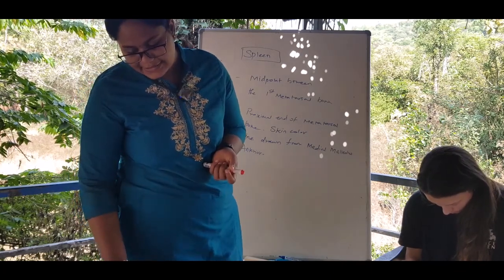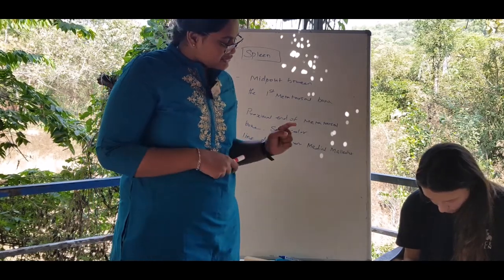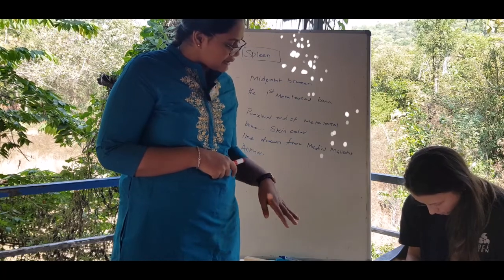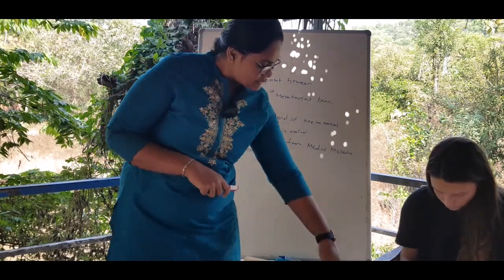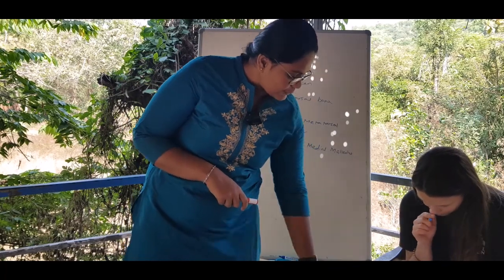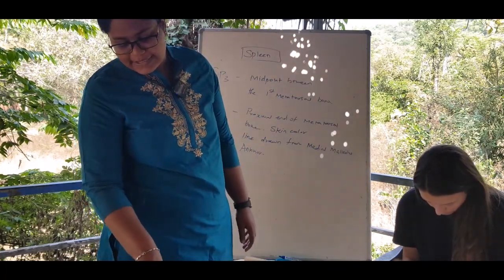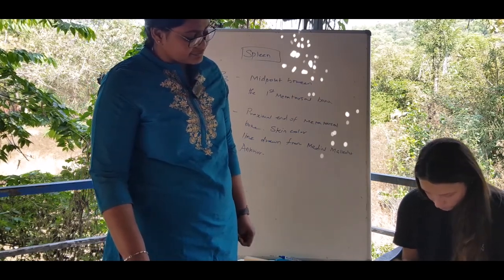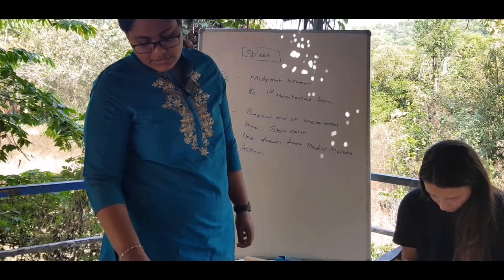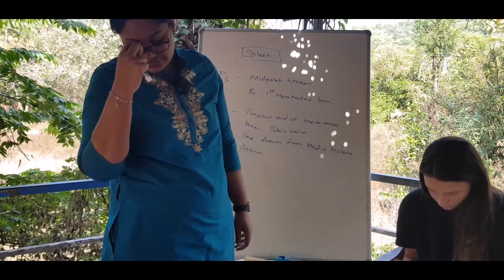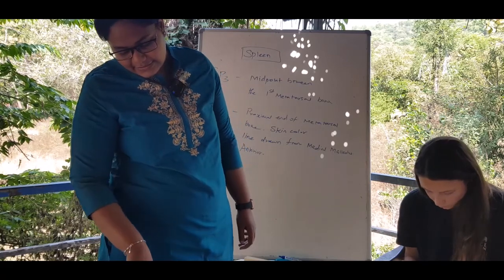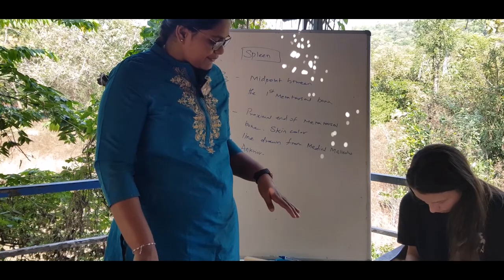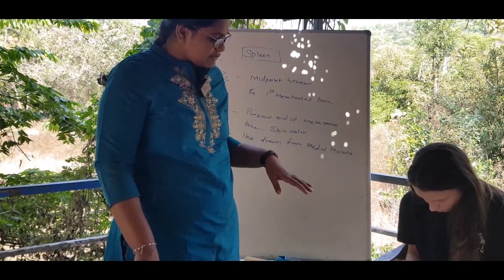Then spleen 19 is at the 3rd intercostal space, 6 tune lateral to the midline. Then the 2nd intercostal space, that is your spleen 20. Then comes spleen 21, at the 6th intercostal space, but at the mid axillary line.